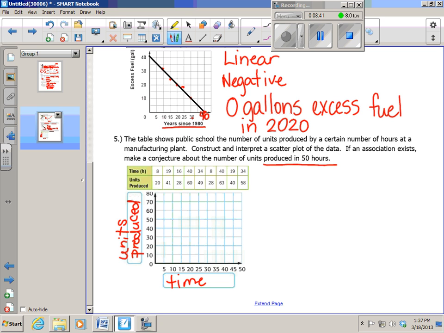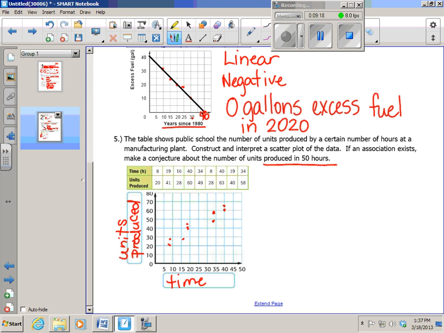We have 8 and 20, 19 and 41, 16 and 28, 40 and 60, 34 and 49, 8 and 28, 40 and 63, 19 and 40, and 34 and 58.